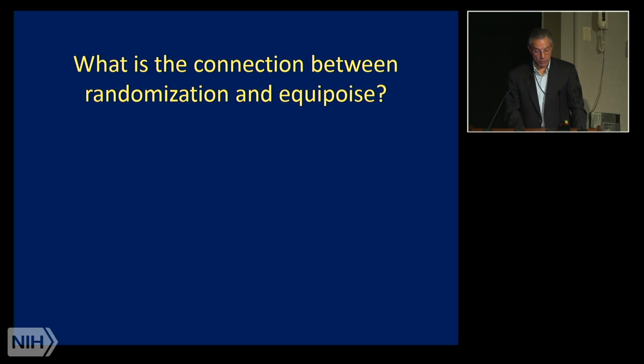What is the connection between randomization and equipoise? Equipoise, everybody knows what equipoise is? Equipoise is basically like when you have two treatment groups. The two treatments should have equipoise, meaning that as much as we can tell, there is no clear evidence that one is better than the other. That's equipoise.